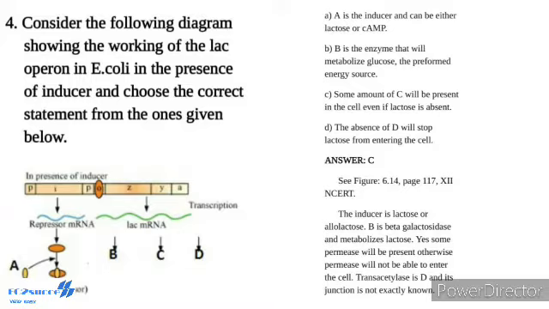Transacetylase is D, and its function is not exactly known. So A is inducer, B is beta galactosidase, C is permease, D is transacetylase.